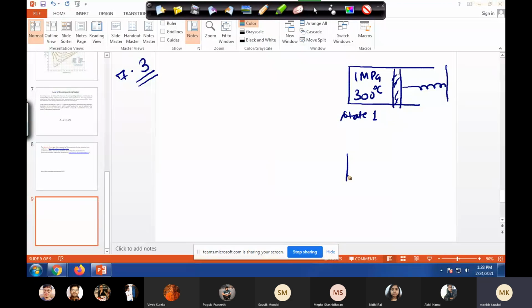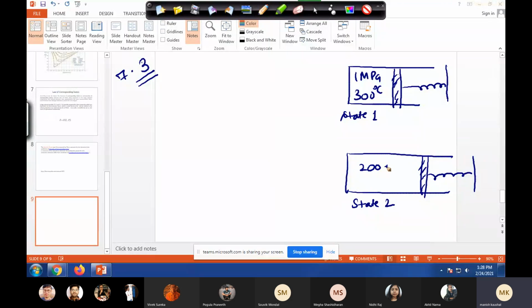When it expands, it will go to state 2, where eventually it takes a final state of 200 kilopascal and 150 degrees Celsius. This system is expanding against the environment, and the environment conditions are given: T naught is 25 degrees Celsius and P naught is 100 kilopascal.